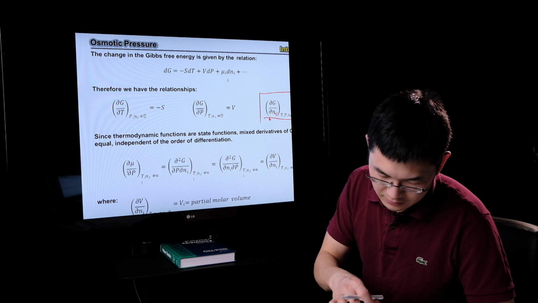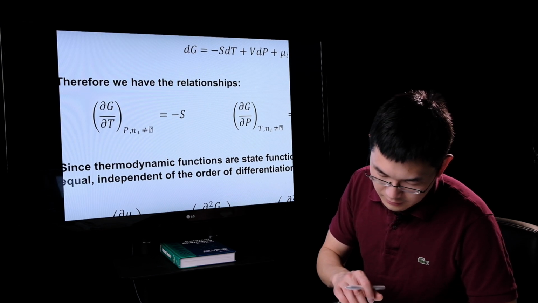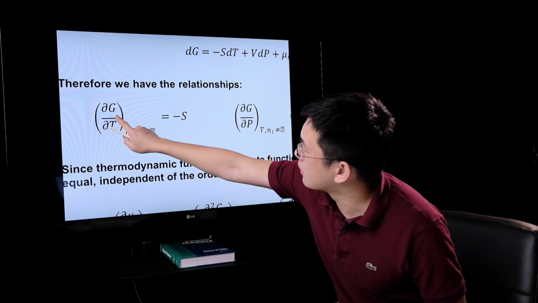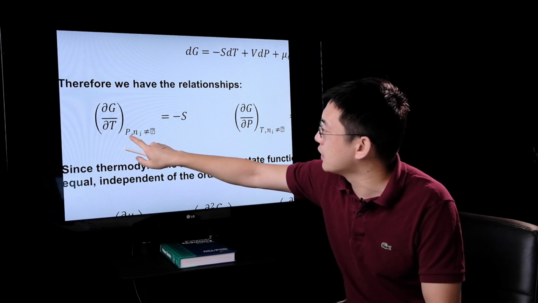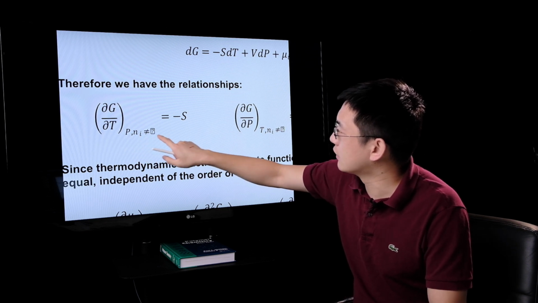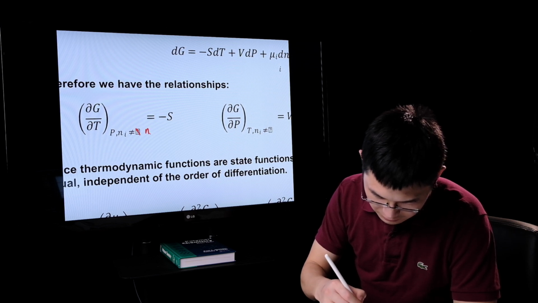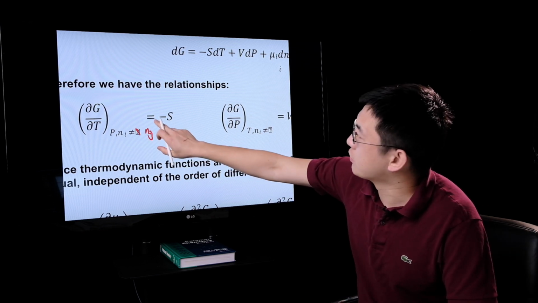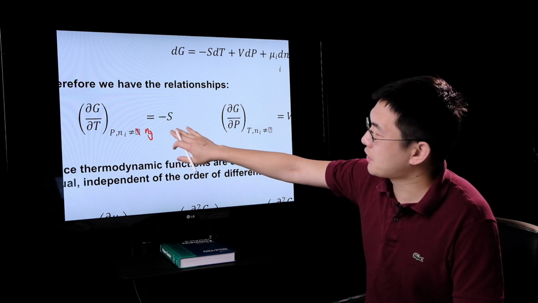Let me again zoom it in. Delta G, take a partial derivative with respect to temperature, if we assume P is constant and Ni not equal to Nj, then it equals minus S. It's very straightforward.